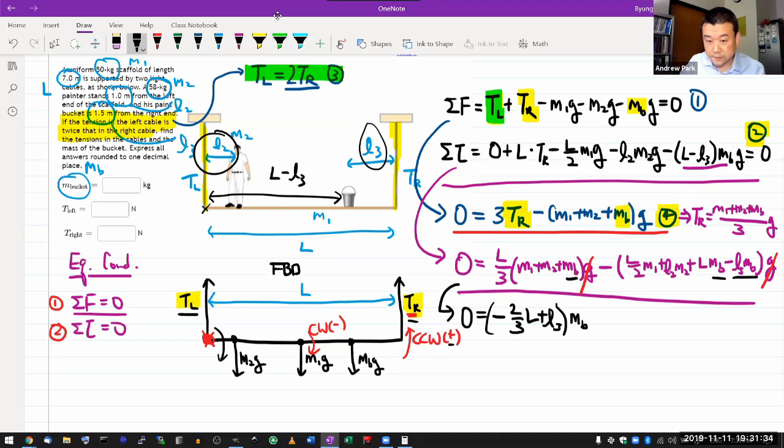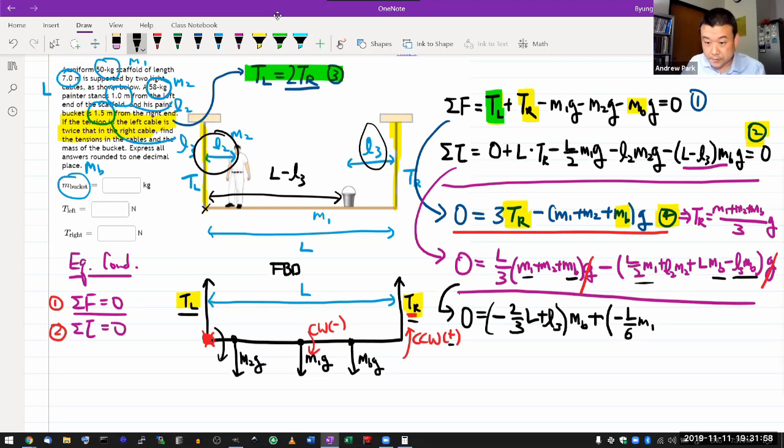So plus, I guess I'll just do it one by one. So I have L over 3 M1 minus L over 2 M1. I happen to know that fraction algebra arithmetic in my head. It's minus L over 6 M1.